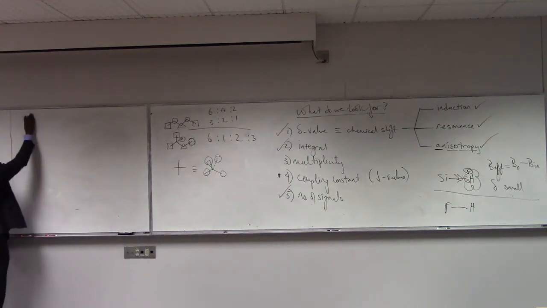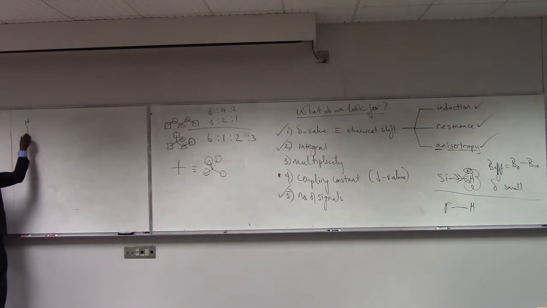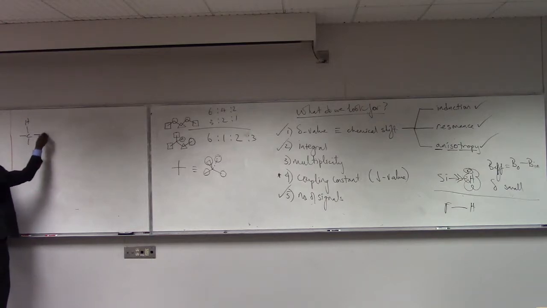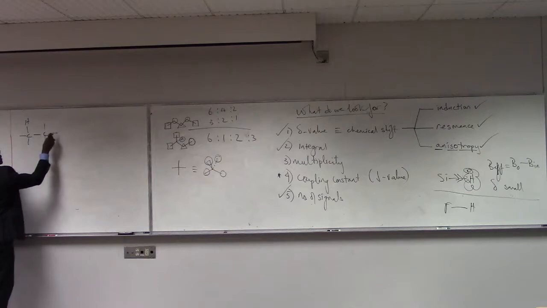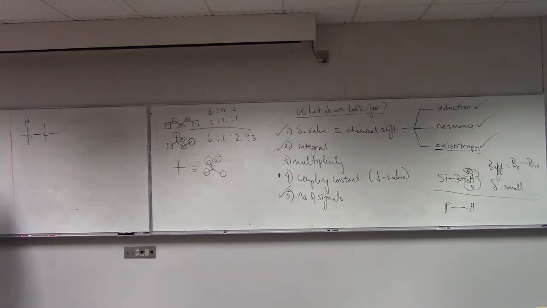So let's imagine I have an H attached to a carbon that has no H's on its neighbor. So here's my H. There are no protons on the adjacent carbon. Well, this proton has a certain spin. And let's give it a certain magnetic field.